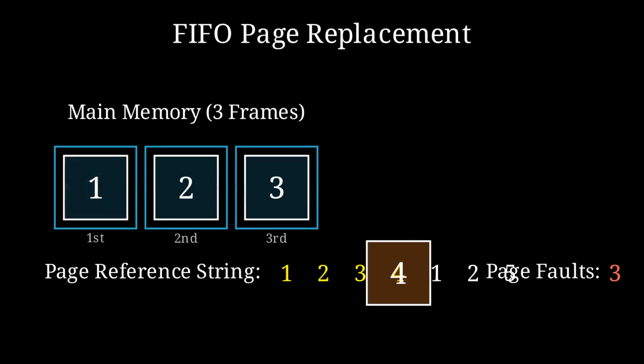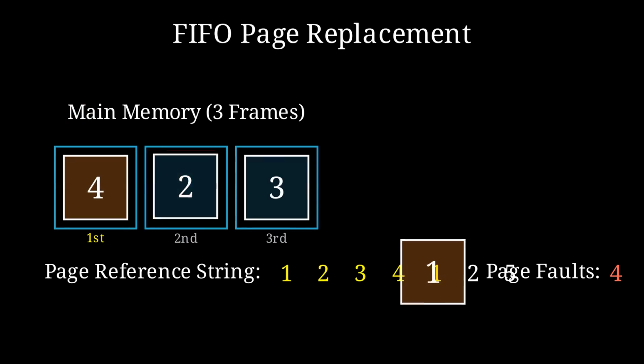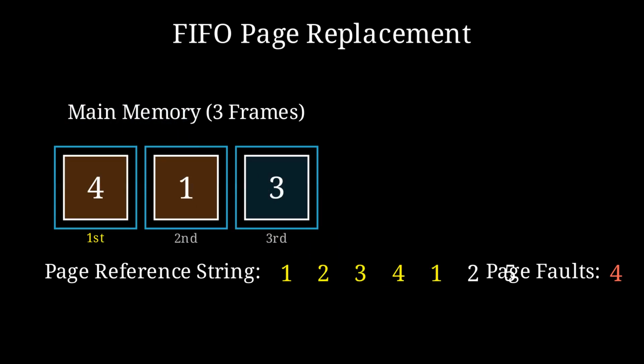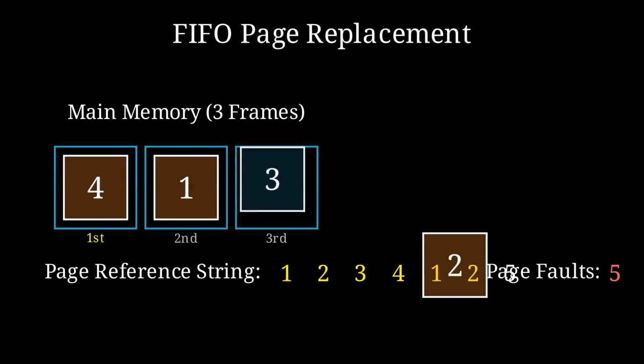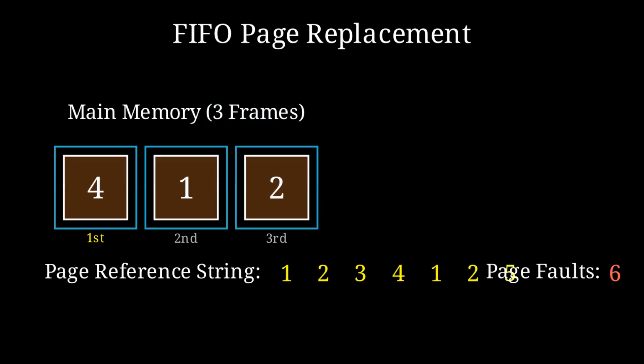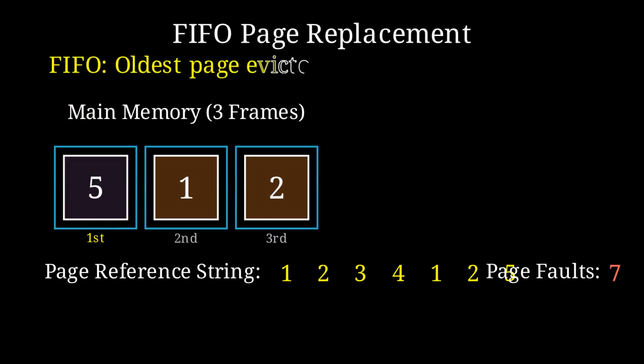When page 4 arrives, page 1, being the first in, is replaced. Next, page 1 arrives, replacing page 2. Then page 2 replaces page 3. Finally, page 5 replaces page 4. Notice how the oldest page is always evicted, regardless of its usage frequency.